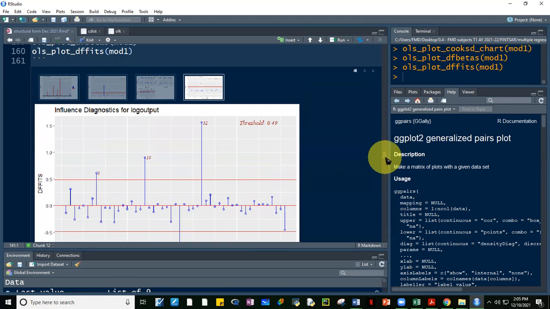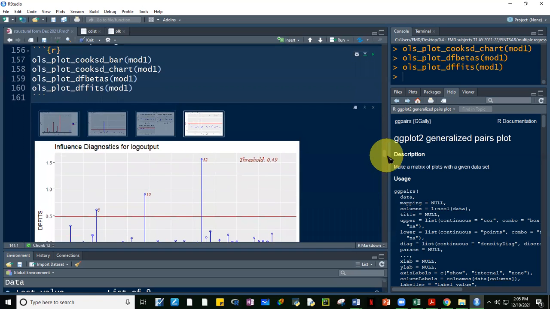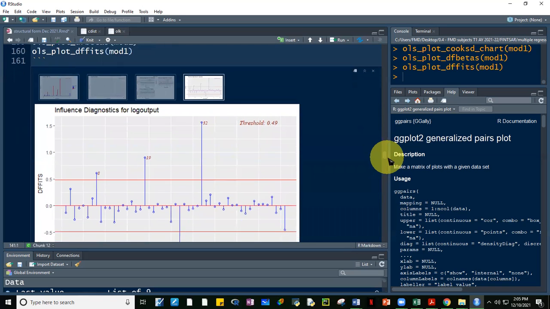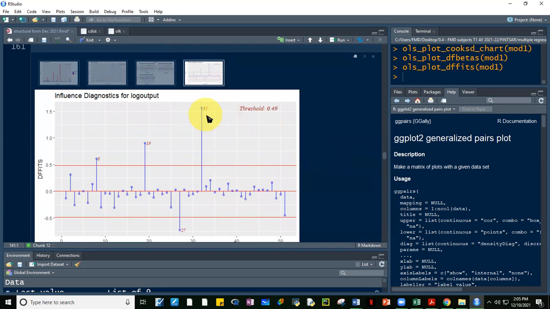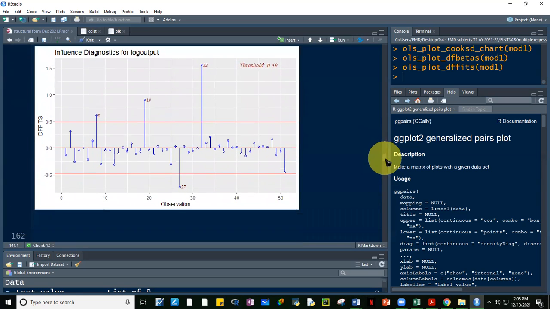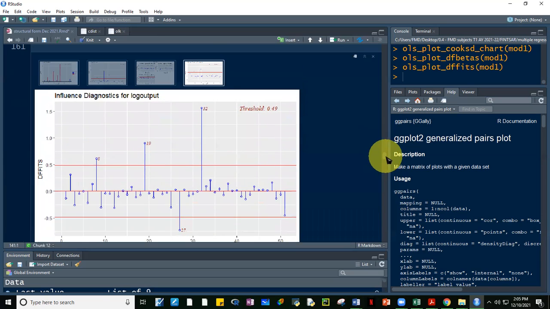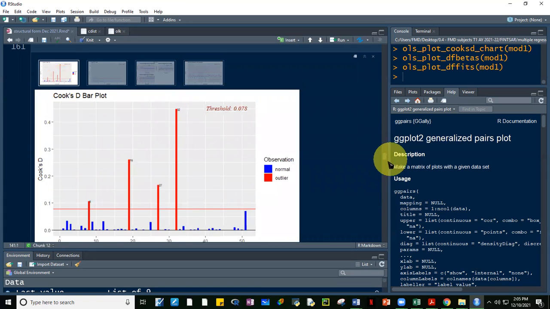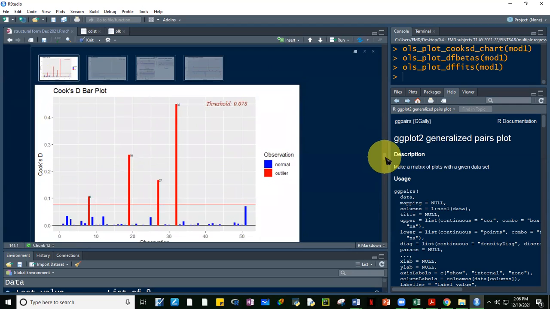Okay, so we have 4 plots, no? Actually maganda yung sa olsrr, di ba? Influential points, ito si 32. DFFITS to, no? All right. So ang threshold ng Cook's distance daw is 0.078.